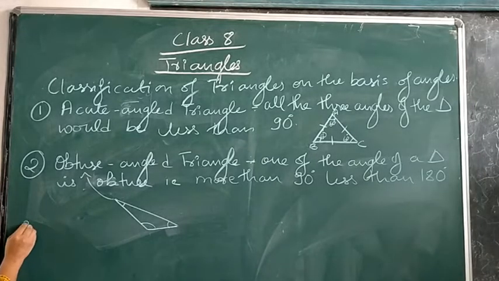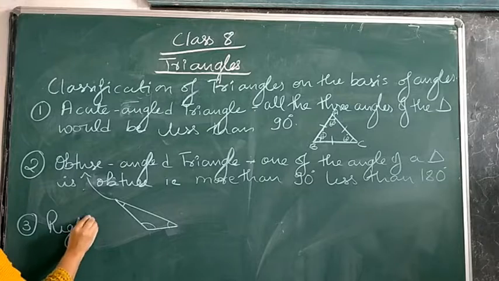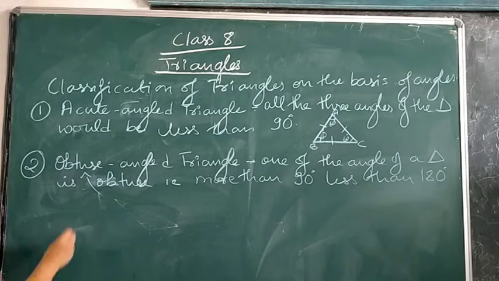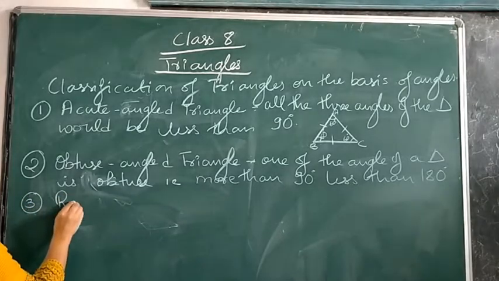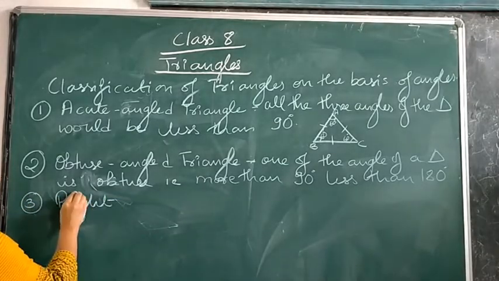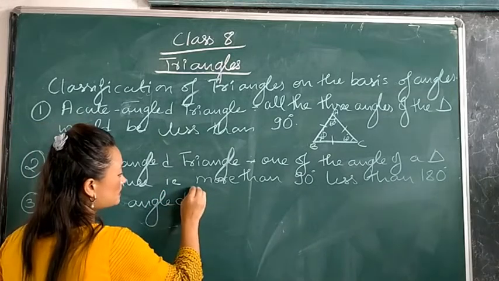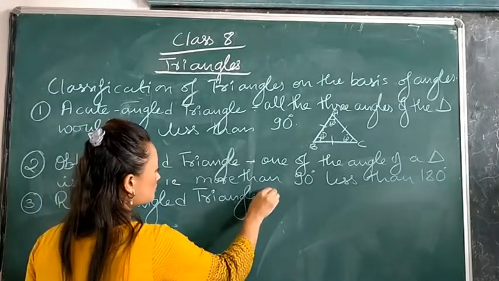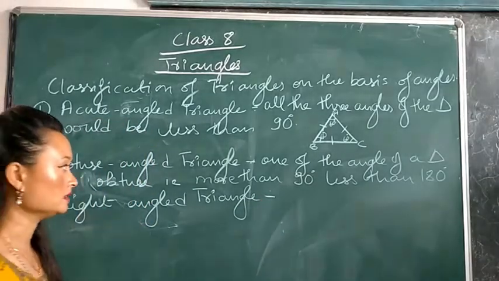The third type of triangle is your right angled triangle. From the word itself you know that one of the angles would be a right angle.